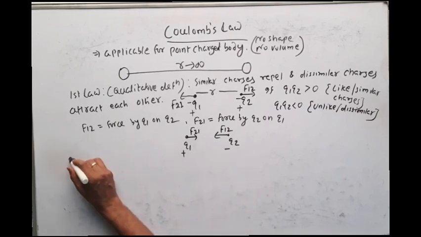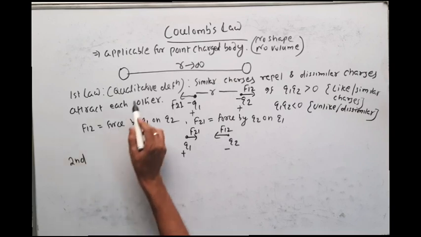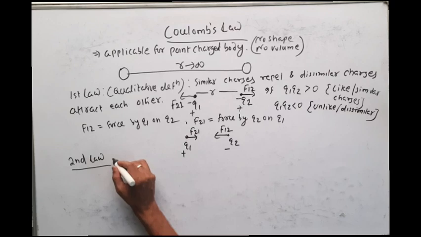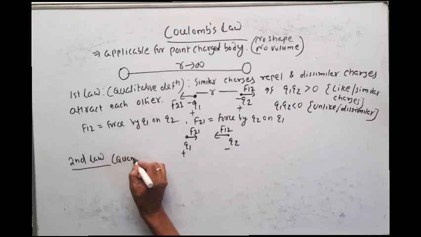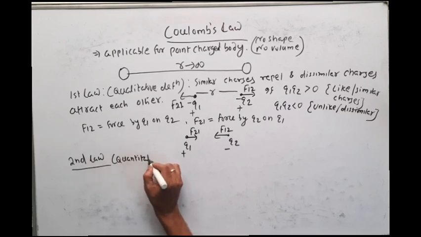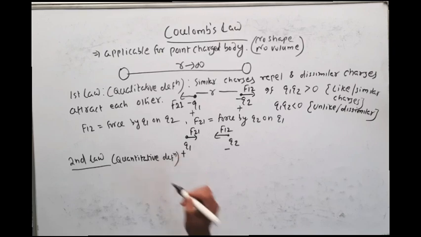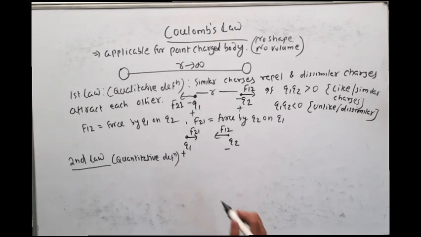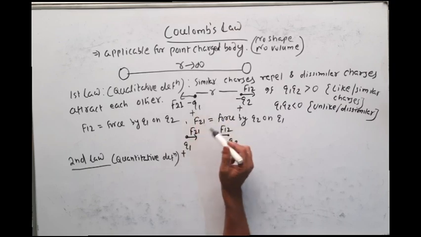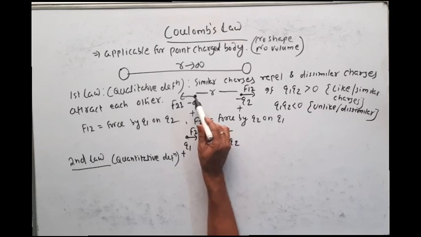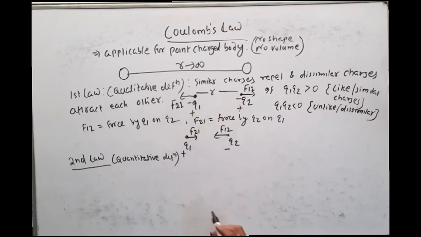Now, every law has two definitions: one is the qualitative definition, another is the quantitative definition. This is called the second law. Coulomb's second law gives the quantitative definition. According to Coulomb's law, there is either a force of attraction in case of dissimilar charges, or a force of repulsion in case of similar charges.